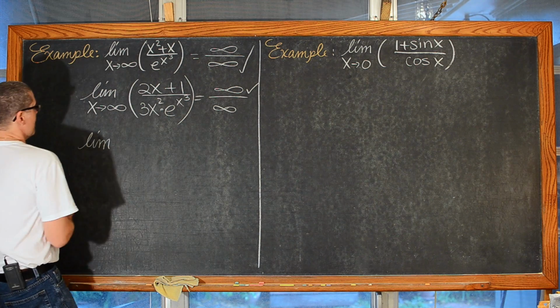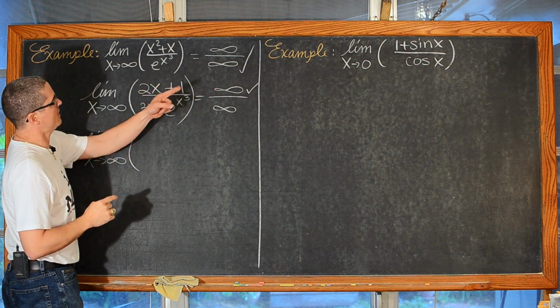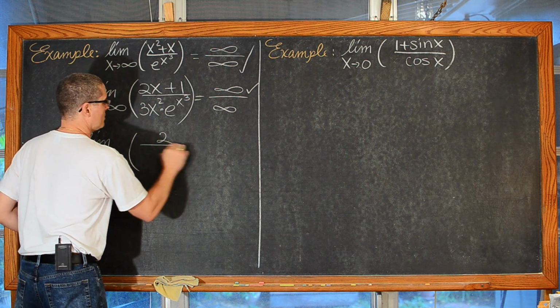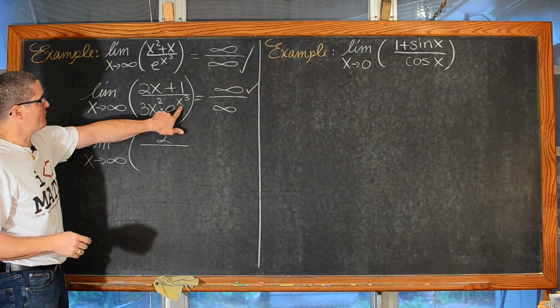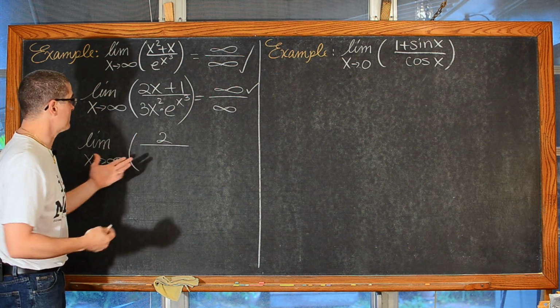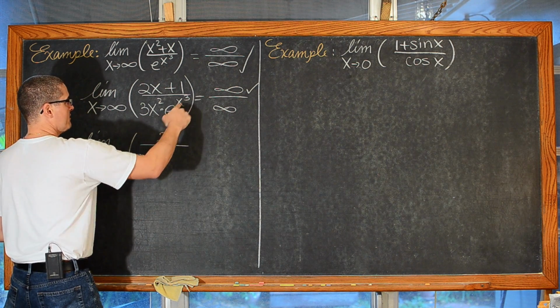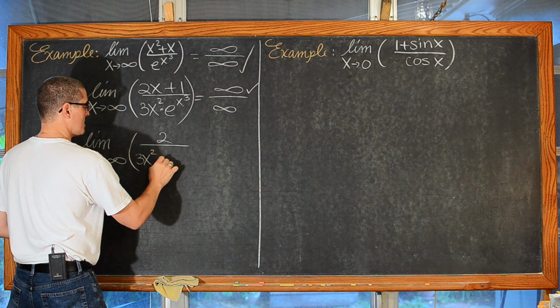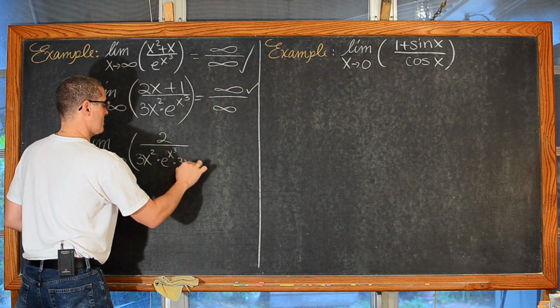We have now the limit as x approaches infinity of the derivative of 2x, which is going to be equal to 2 over, okay, so now we have a variable here times a variable here, so we're going to have to use the product rule for derivatives first: the first, times the derivative of the second, which is going to be e to the x cubed times 3x squared.